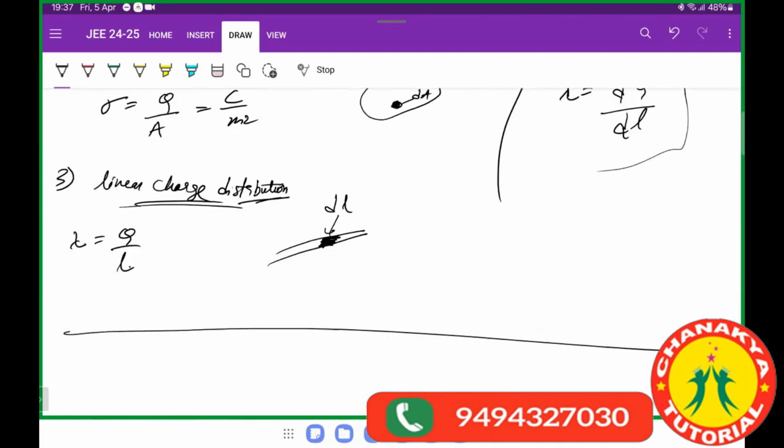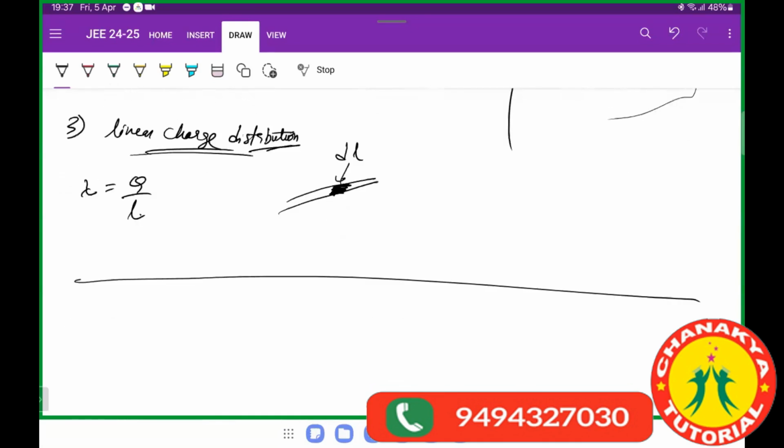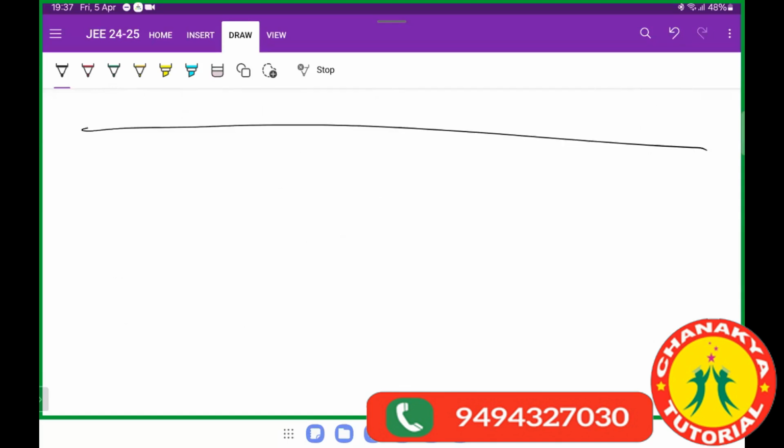Okay, then let's do some numericals with this. Let's start with an easy one. A piece of polythene is rubbed with wool.